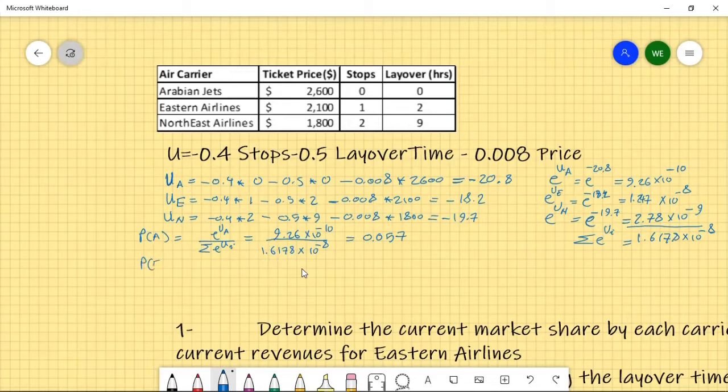For E we have e to the power u e divided over summation of EUI, equal 1.247 multiply 10 to the power minus 8 divided by 1.6178 multiply 10 to the power minus 8.